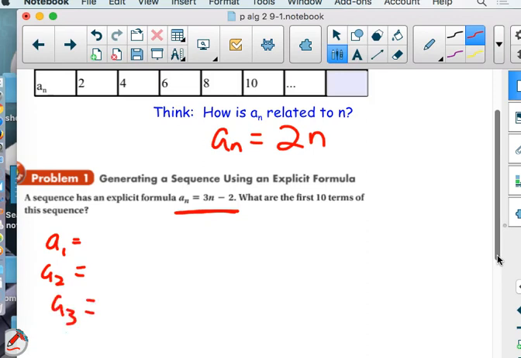But now I think, what am I supposed to do with that 1 if I want the first term? I replace n with 1. You're supposed to replace n with 1 and see what you get. So what's 3 times 1 minus 2? Yeah, so the first term is 1. If we want the second term, what are you supposed to do? Put a 2 in for n.